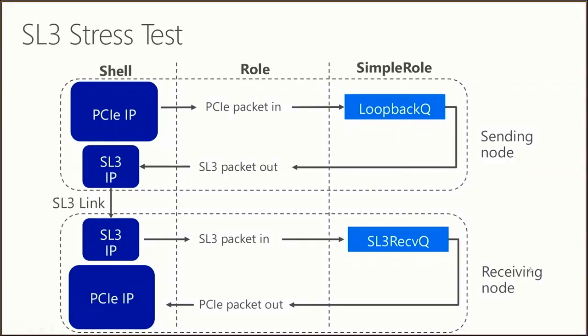Then the receiving node will receive the Serialized 3 data, buffer it in the Serialized 3 receive queue, and then send it back to its host through PCIe. A single unified role is used for both the sending and the receiving FPGAs, and is configured through the soft register interface.